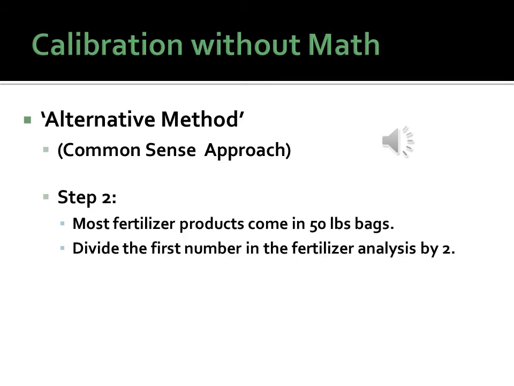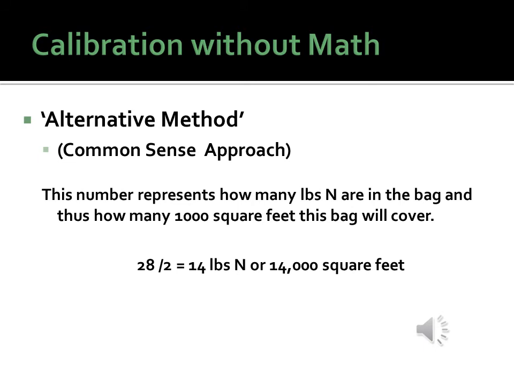All right, step 2. Most fertilizer products come in 50-pound bags. We already know that. Divide the first number in the fertilizer analysis by 2. What's the first number? 28. Yeah, it's your nitrogen analysis. This number represents how many pounds of nitrogen are in the bag and thus how many square feet this bag will cover.